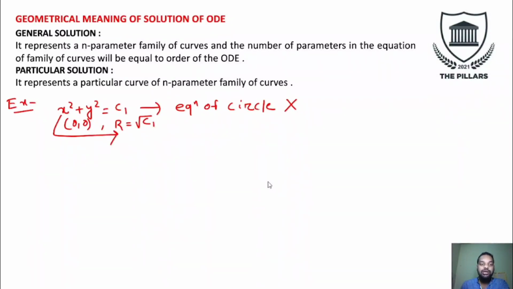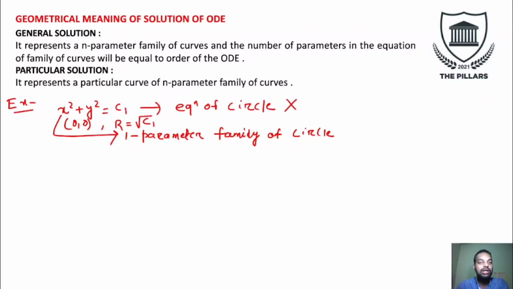Then what is the right term? The right term is, this is a one-parameter family of circles. Why one parameter? You just heard about n parameters.